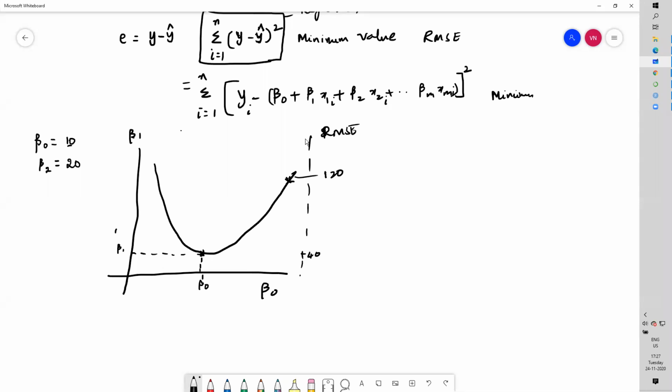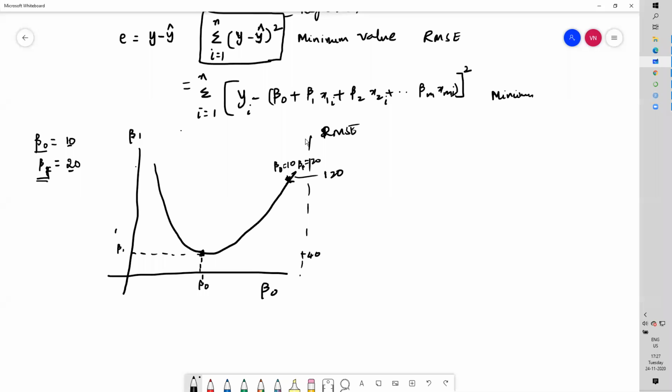But when we initialized it with some random values, where beta naught is equal to 10 and beta 1 is equal to 20, this is where we are. Now we need to reach this particular point here. Whether we have to increase the beta naught or decrease the beta naught, that's a question.